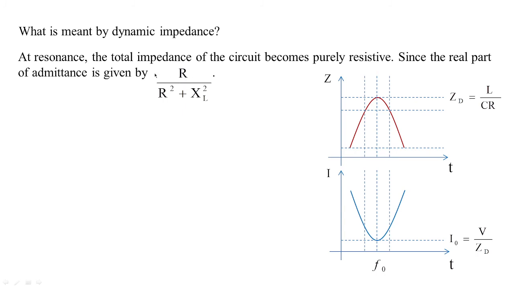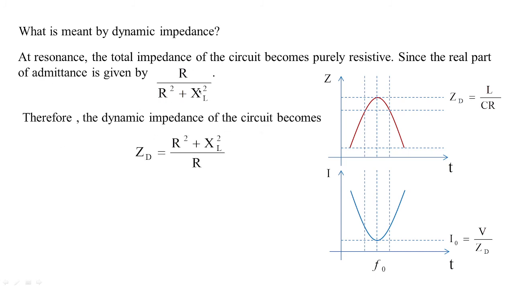This is the reciprocal value of the impedance, because it is stated as admittance. So the dynamic impedance of the circuit will become the reciprocal of this value, nothing but R square plus XL square by R, which is the dynamic impedance of this parallel arrangement of R in series with L, parallel to the capacitor.